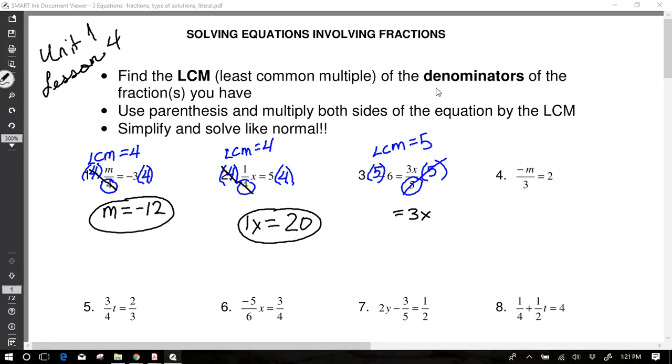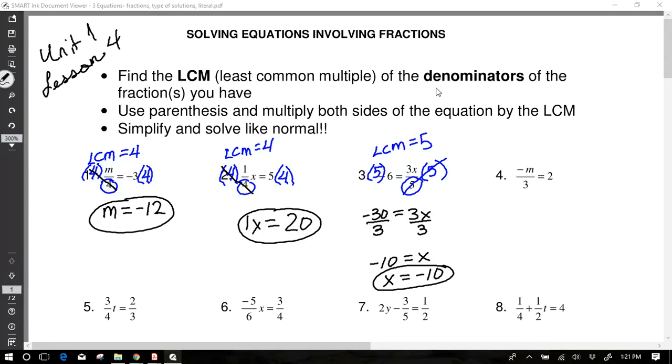And now I need to multiply 5 times negative 6, and I get negative 30. And now I've got to do a second step here to get the x by itself. So divide both sides by 3, and I get negative 10 equals x. And if you want, you can use the reflexive property and flip that around. And that's it. Great job.